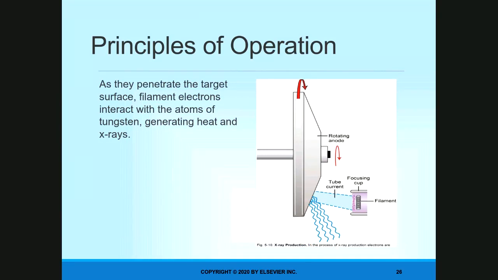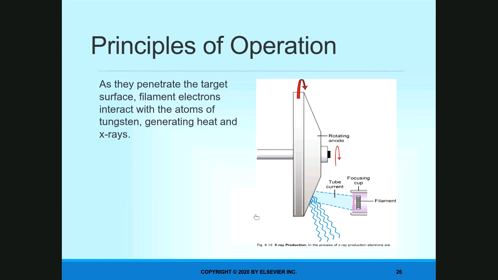So when they come across, they smash into that target, and they typically smash into the target at a depth of about 0.5 millimeters. And what happens is those filament electrons interact with the tungsten atoms, and that's where you create 99% heat and approximately 1% X-ray.